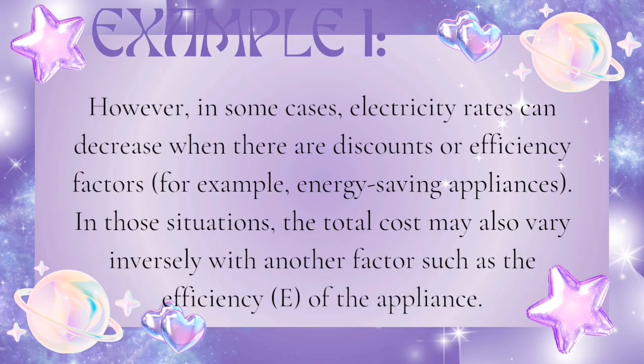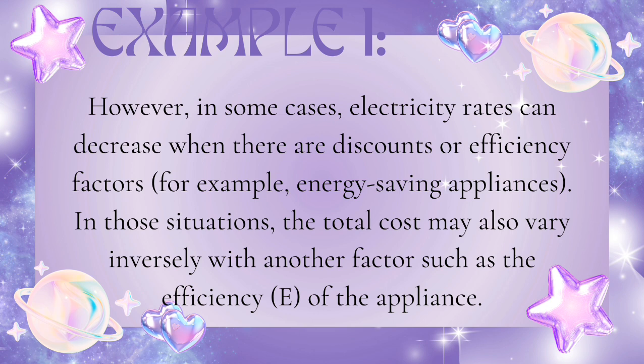However, in some cases, electricity rates can decrease when there are discounts or efficiency factors. For example, energy-saving appliances. In those situations, the total cost may also vary inversely with another factor such as the efficiency of the appliances.